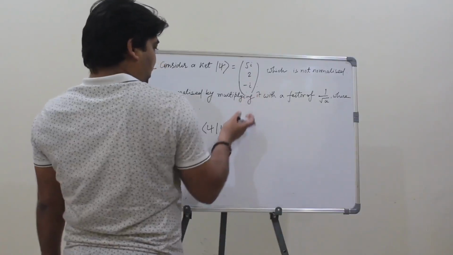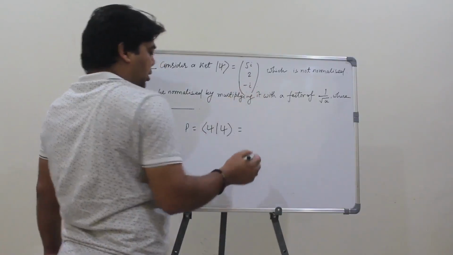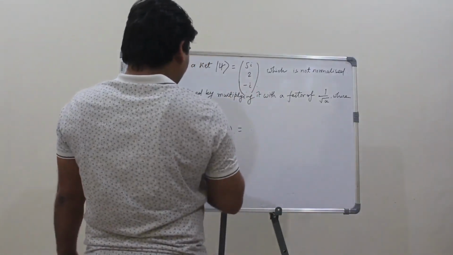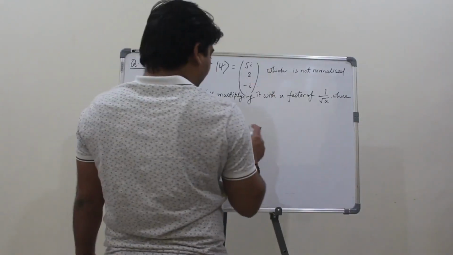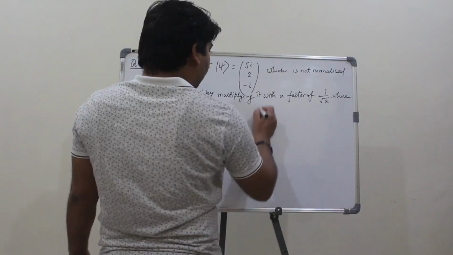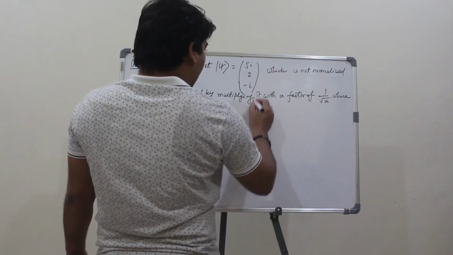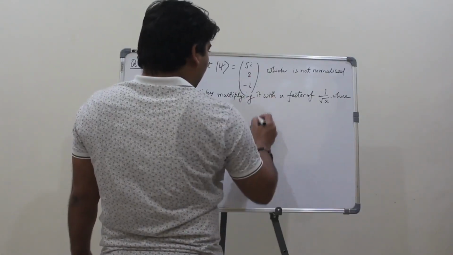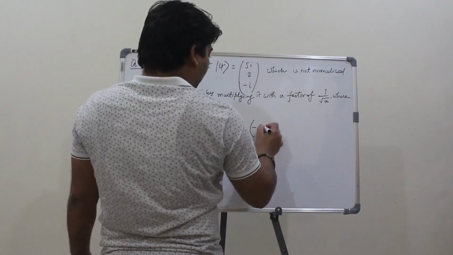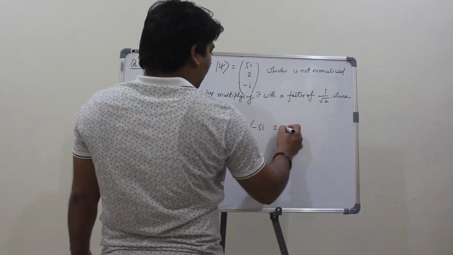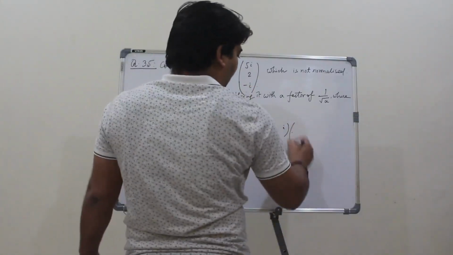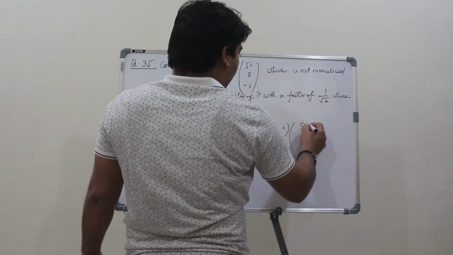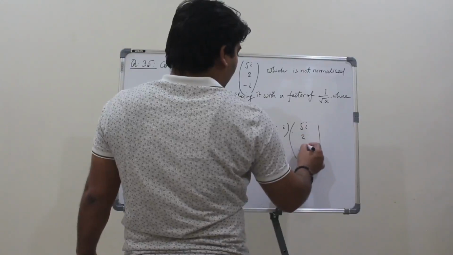So what is this? Let us convert to the Hermitian conjugate of this. How much is it? The Hermitian conjugate of this will give you (5, 2, i), and this goes to minus 5, 2, minus i.